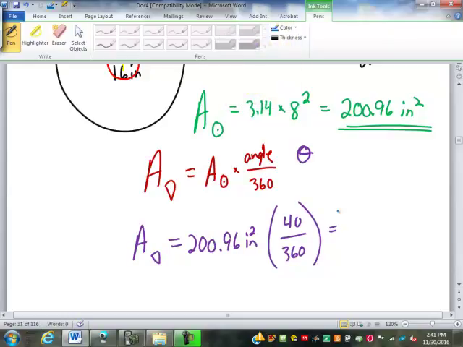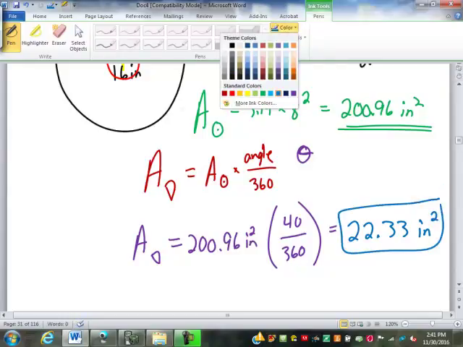So let's do that out. What do we get here? 200.96 times 40. And the way I'd punch it in is I'd just do times 40 divided by 360, which is going to give me 22.33, I believe, approximately, square inches.